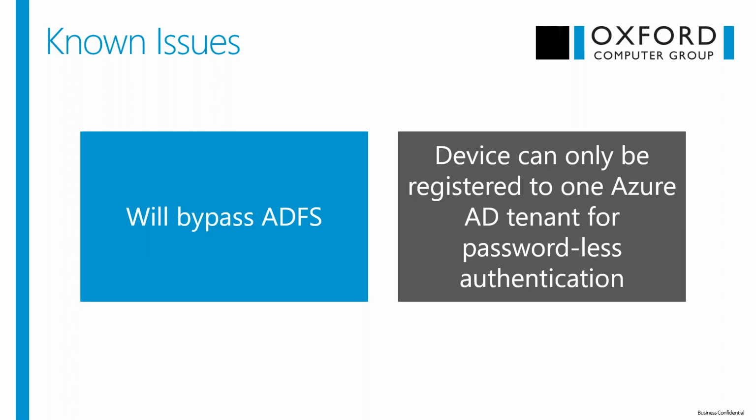And then the device itself, the device where the Authenticator app is registered, can only have one Azure AD tenant, so only one work or school account for passwordless authentication. So one account has to be the designated one for passwordless auth. Other accounts can exist in there with the rotating codes, but only one work or school account can be set up for passwordless authentication.